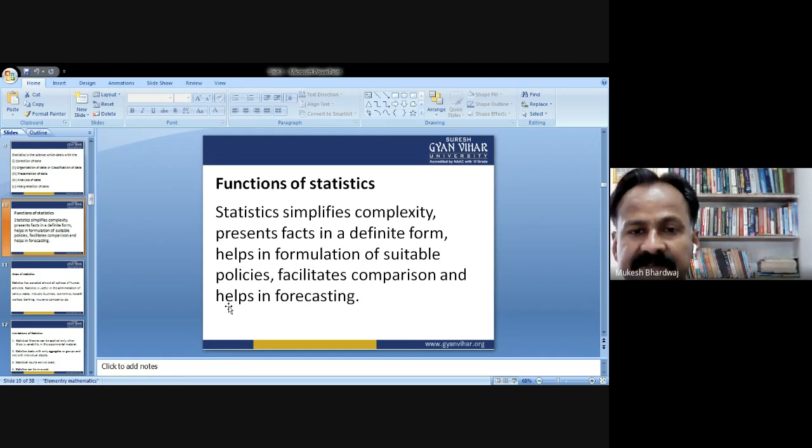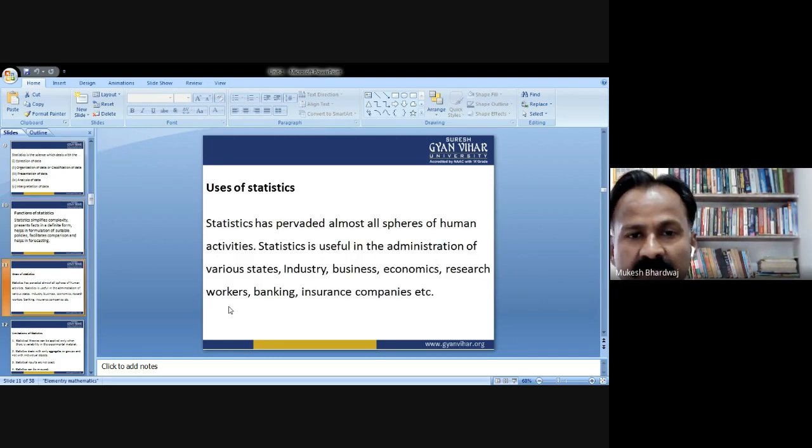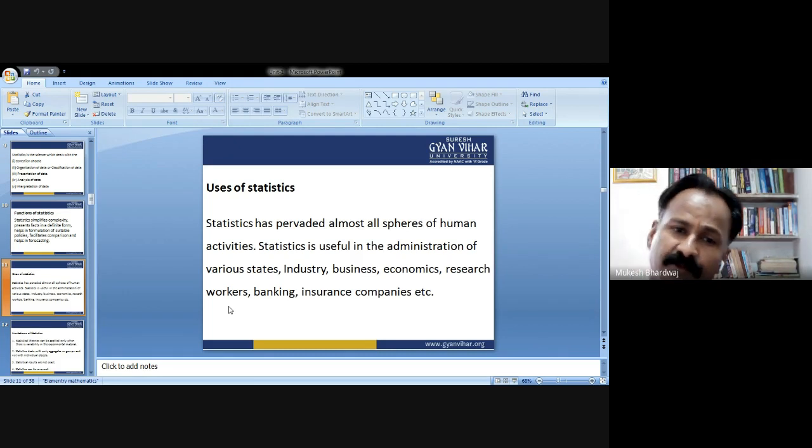Functions of stats. Stats simplifies complexity, presents facts in definite form, helps in formulation of suitable policies, facilitates comparison, and helps in forecasting. Again, the same definition without slight change. Uses of stats. Stats has covered almost all spheres of human activities.